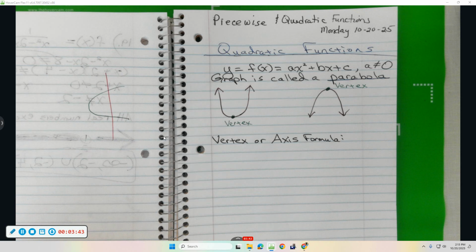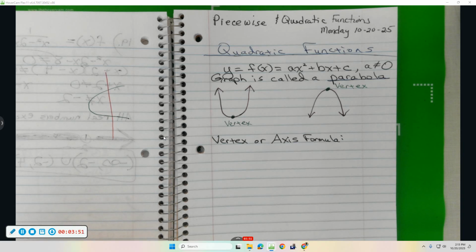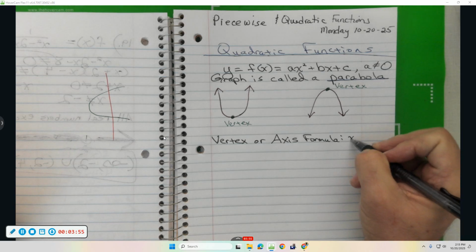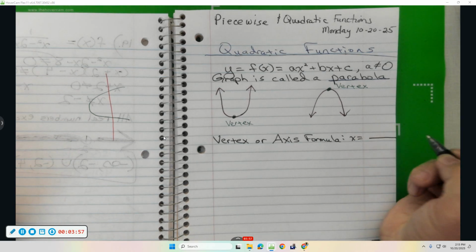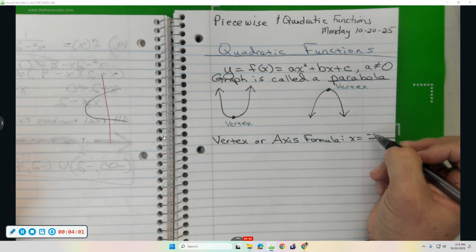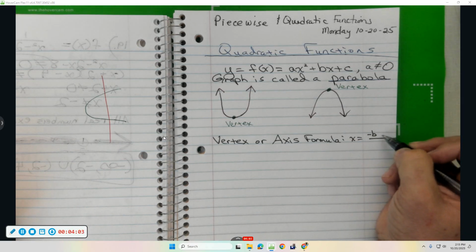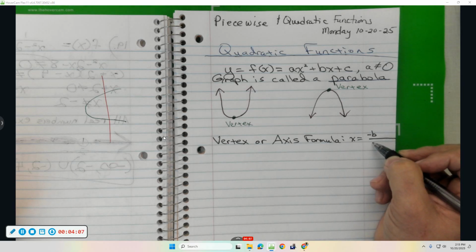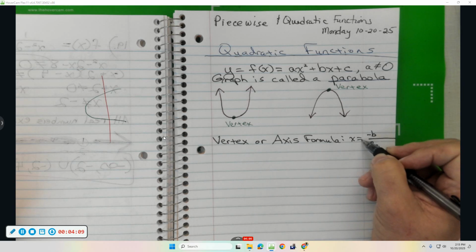This is not a bad formula. If you remember the quadratic formula, it's the quadratic formula without the messy plus minus square root stuff. So it's x equals, and it's a fraction. How does the quadratic formula start off? Negative b plus minus all that stuff, none of that's included, over the denominator, 2a.